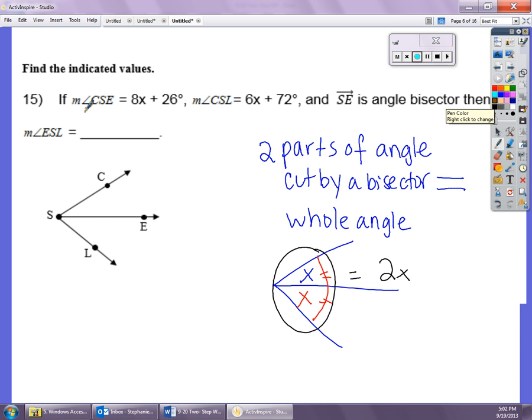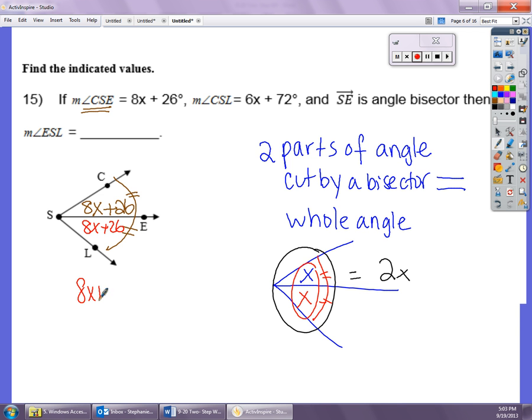They told us that CSE was 8x plus 26, which tells me that because this is an angle bisector, this other part here should also be 8x plus 26. Now I just told you that if you combine these 2, it gives you the whole angle.